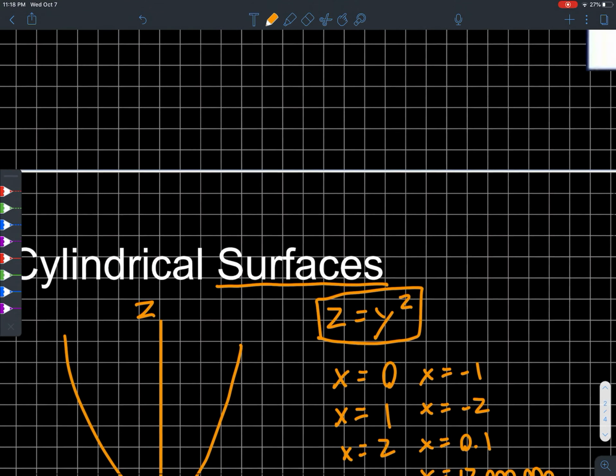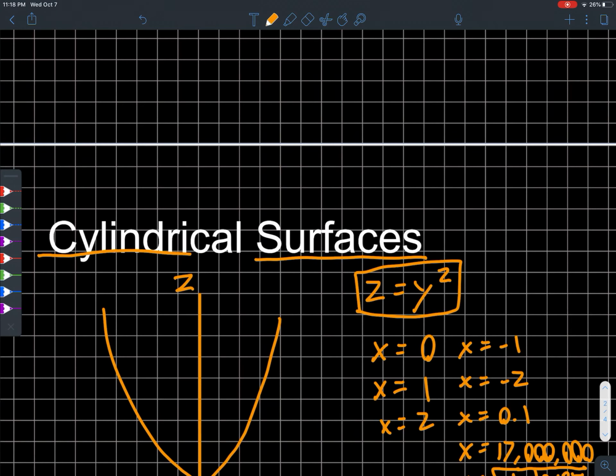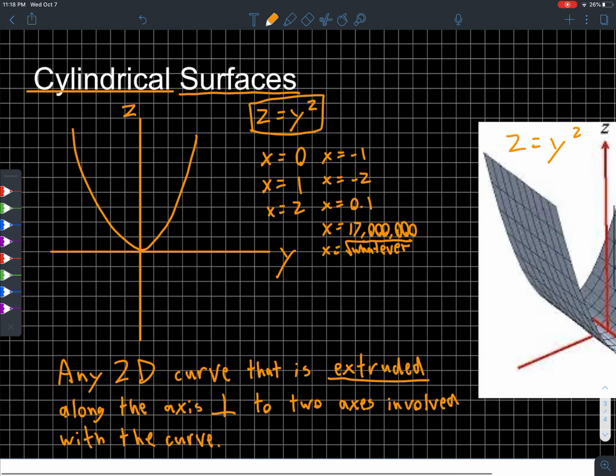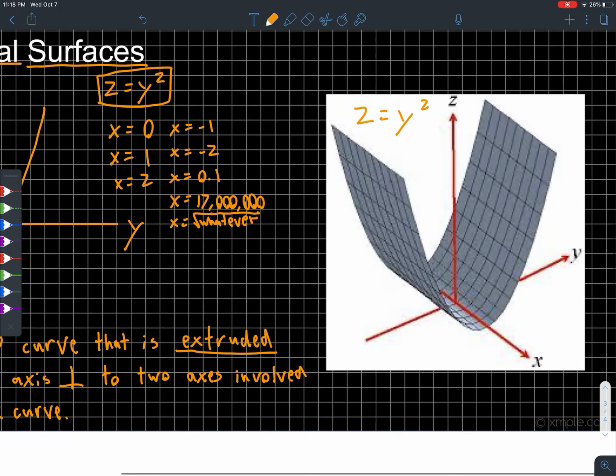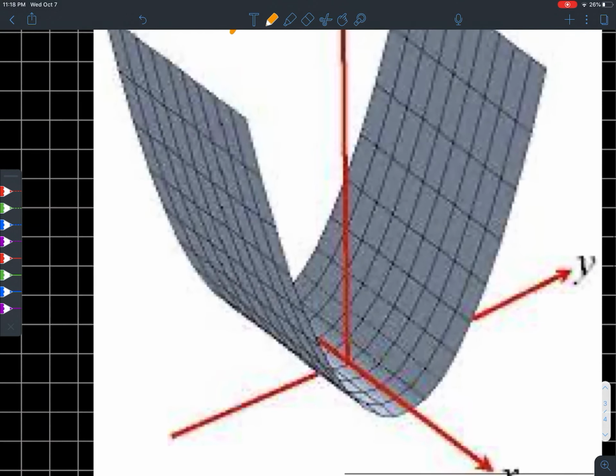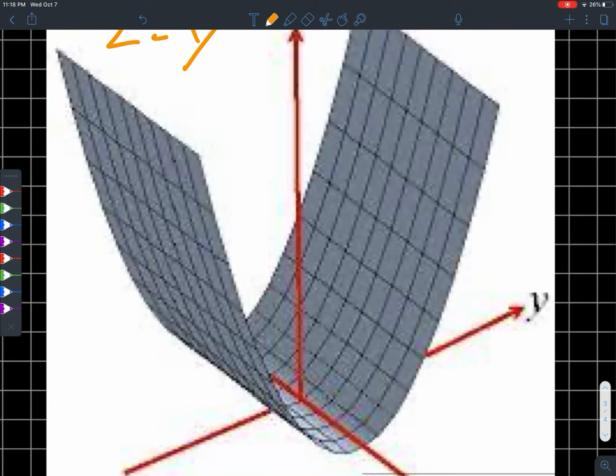All right. Now, why is it called a cylindrical surface? That's really important. Well, the reason it's called a cylindrical surface is because if you have the graph, say, of x squared plus y squared equals 1, or a unit circle, we know that that includes this circle, because x squared plus y squared equals 1 for all points on that circle.